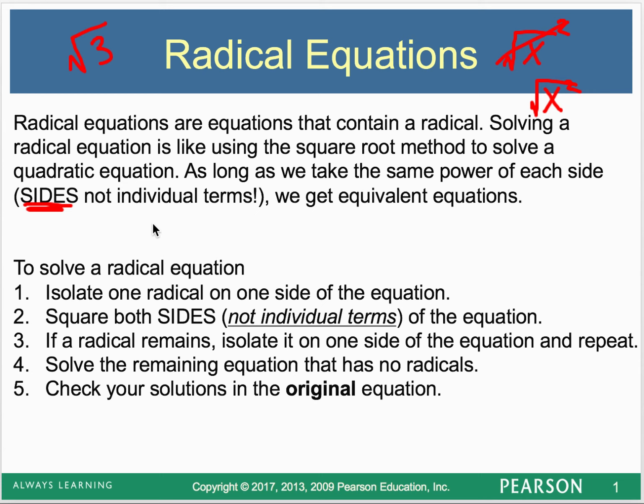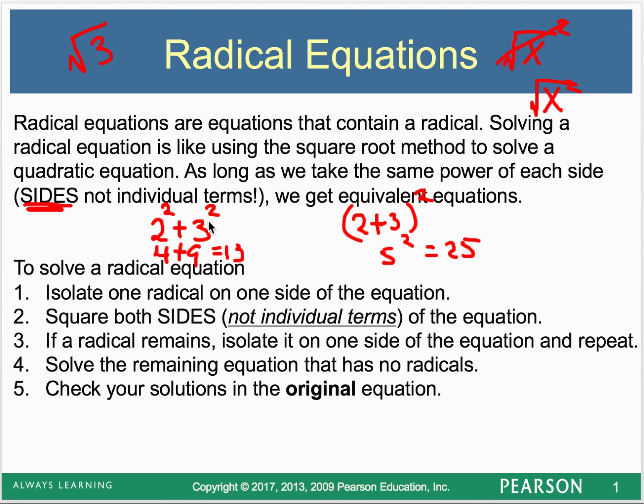Look at this. Just to make it easy, let's keep it with numbers. If that's on one side of the equation and I go through here and I square each term, then I'm going to get 4 plus 9, or 13. If this is on one side of the equation and I square the entire side instead of individual terms, I get 25, right?